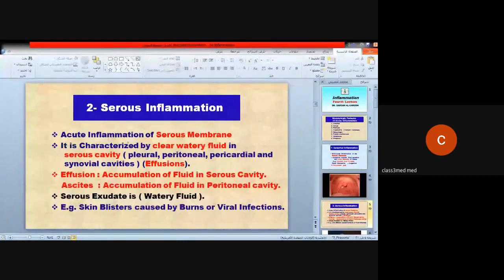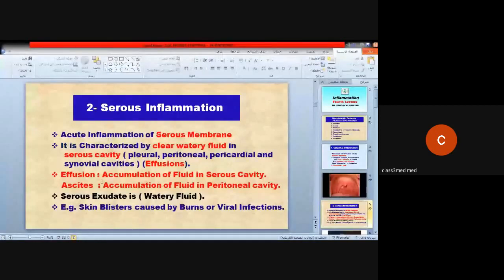Clear watery fluid in the serous cavity, such as the dural, peritoneal, pericardial, and synovial cavities, is called effusion. So what is meant by effusion? Effusion is accumulation of fluid in the serous cavity.